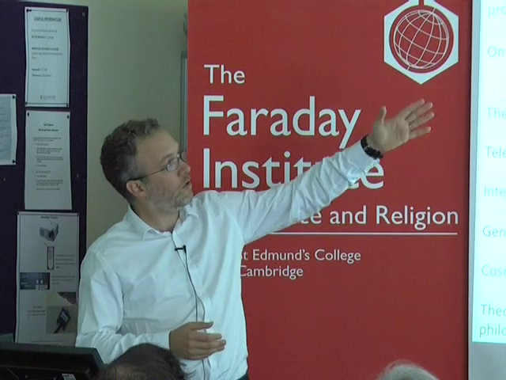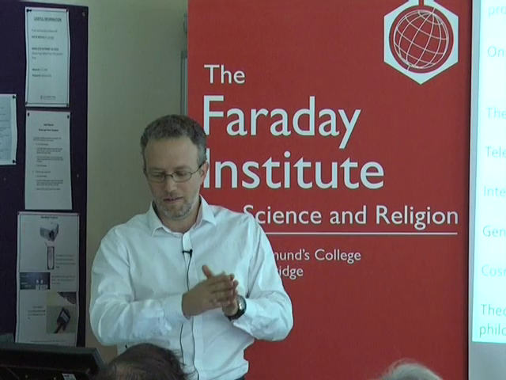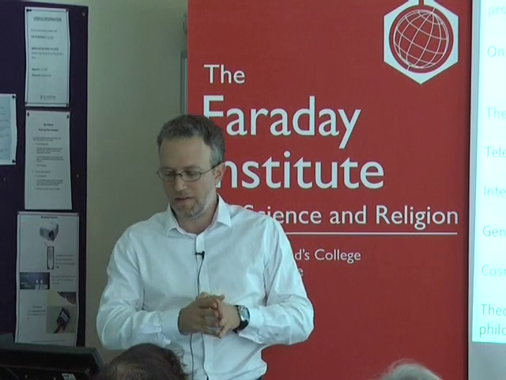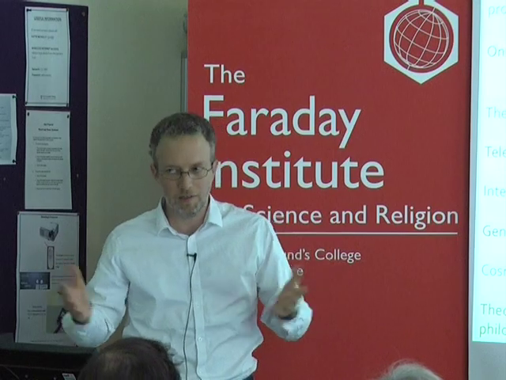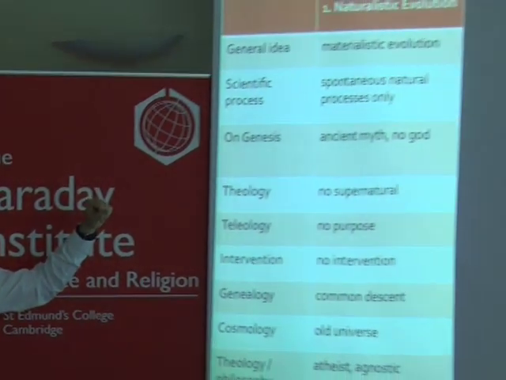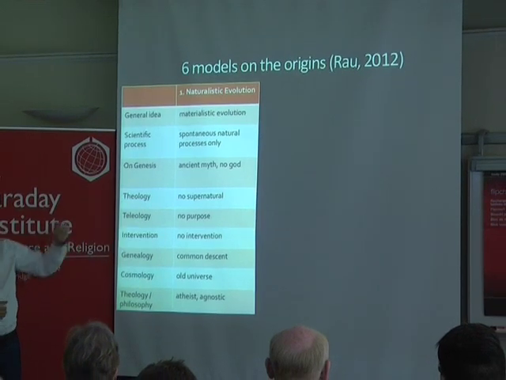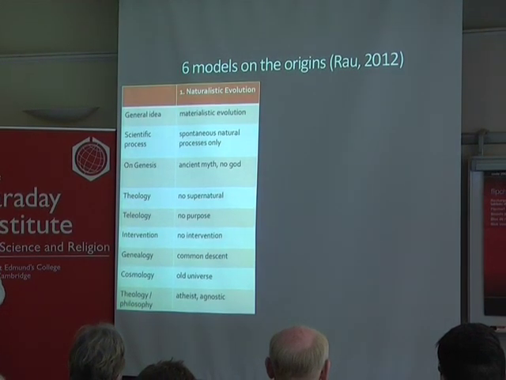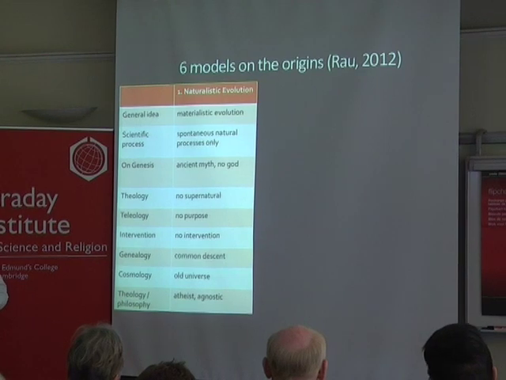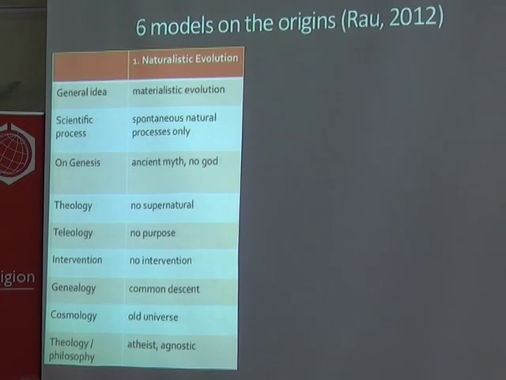So the first: Rowe is really trying to span the variety of models that a typical evangelical Christian, and more than evangelical Christian, of course, would have. Starting with naturalistic evolution, the general idea is materialistic evolution with only natural processes.